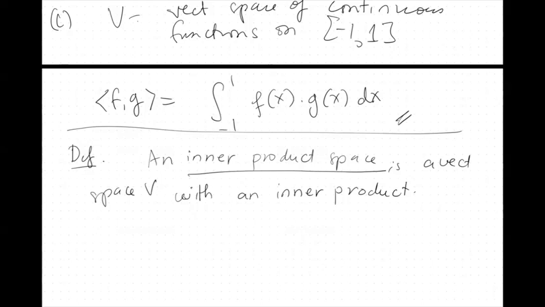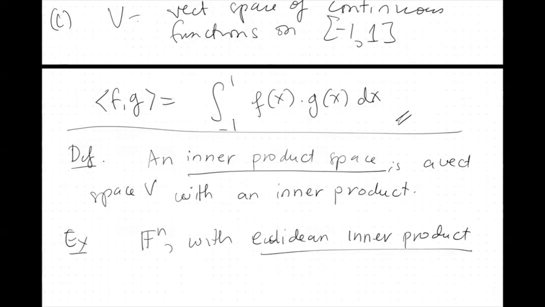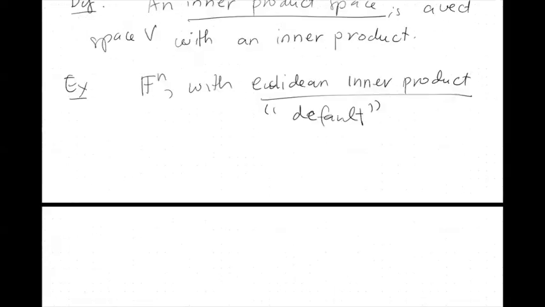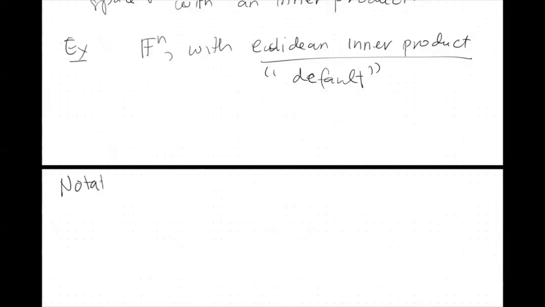The most important example here is F to the n with the Euclidean inner product. This is our default inner product. If we don't mention the inner product, by default you consider it to be the Euclidean inner product.